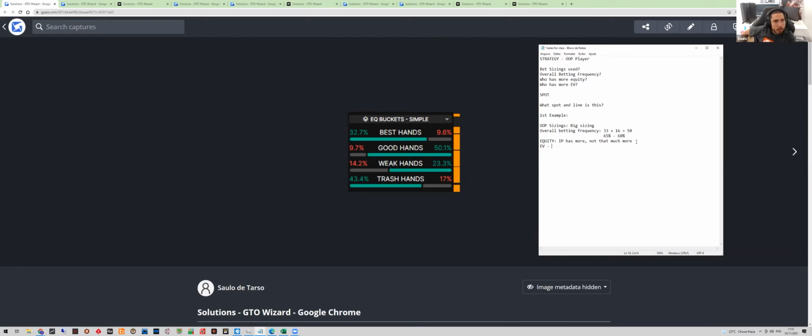Dalton Lemos said, I think a lot of the equity from the IP will be denied. Interesting thought there. Yes, OP with more EV due to premium hands advantage. Nice. You guys all have the right ideas here. The OP here has a very strong nut advantage, right? It has way more of the strongest hands here than the IP player.